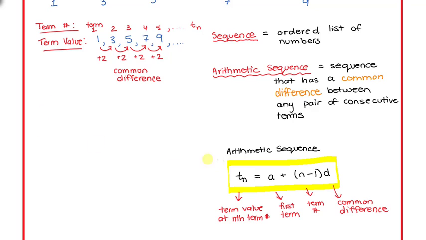So let's define the specific terms I need in the equation. A is our first term of the sequence, which in this example is 1. Our common difference, D, is positive 2.